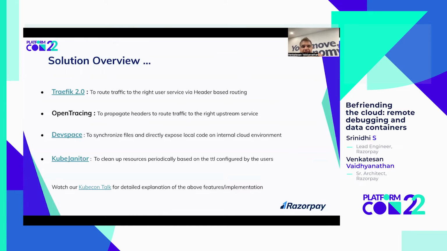So we have niftily introduced ingress controller hooks within Traffic 2.0, which we can introduce in any ingress controller like Ambassador, Envoy, Nginx, any ingress controller that allows this way of transformations. To propagate the headers, we use OpenTracing.